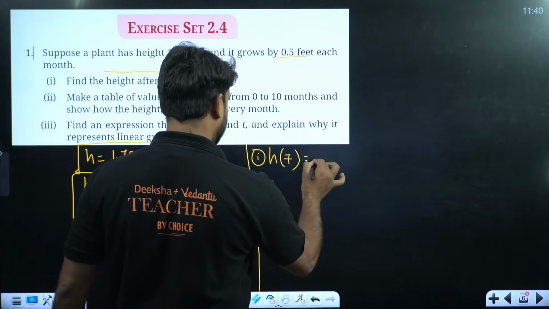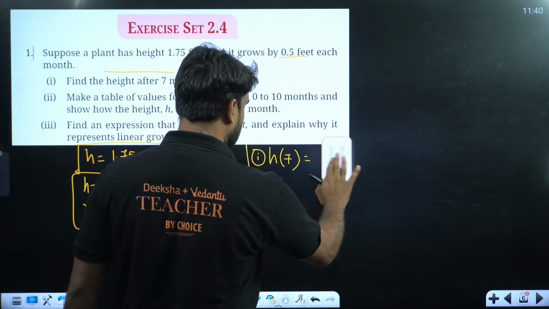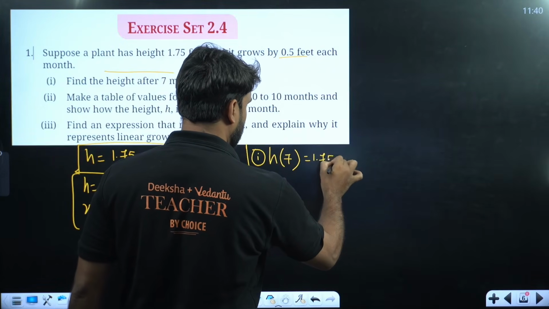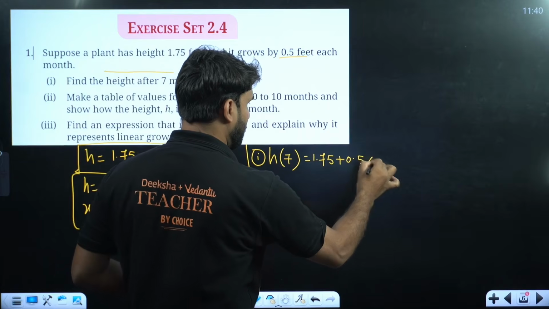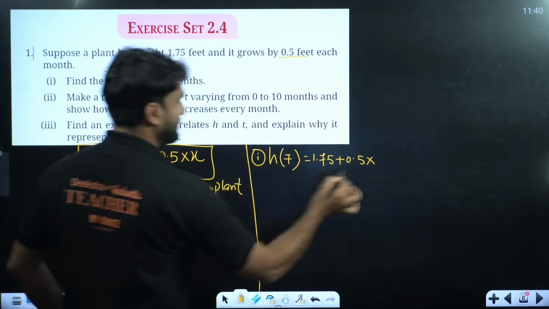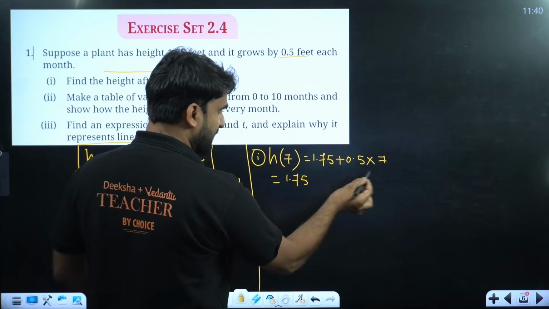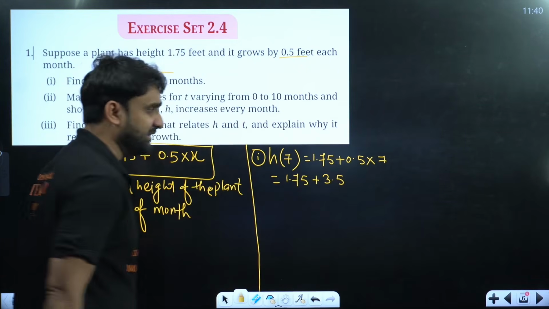So h(7) will be equal to 1.75 feet, which is already there, plus 0.5 into 7, because we are talking about 7 months. 7 times 5 is 35, and this will be 3.5 because one decimal is already there.